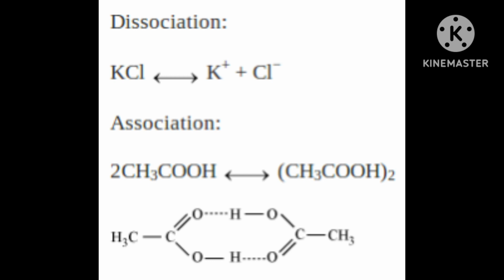Don't forget. Then delta Tf is equal to Kf into a small m. The small m you have calculated, the Kf value is 1.86, so after multiplying you will get delta T as 0.0197 Kelvin. Now you can easily calculate the Van 't Hoff factor.